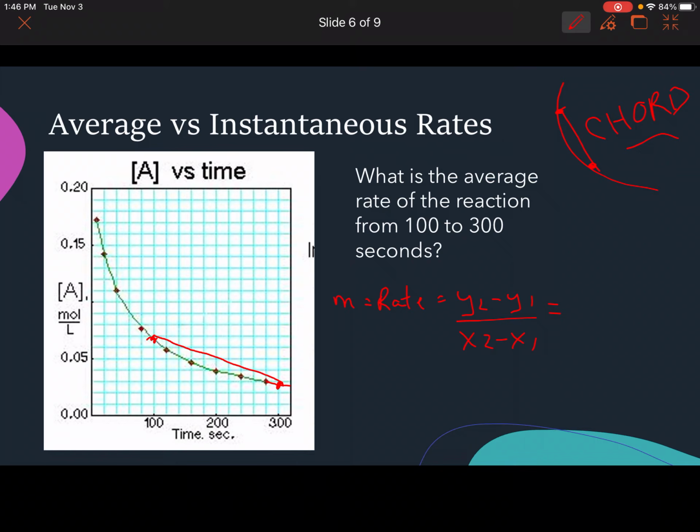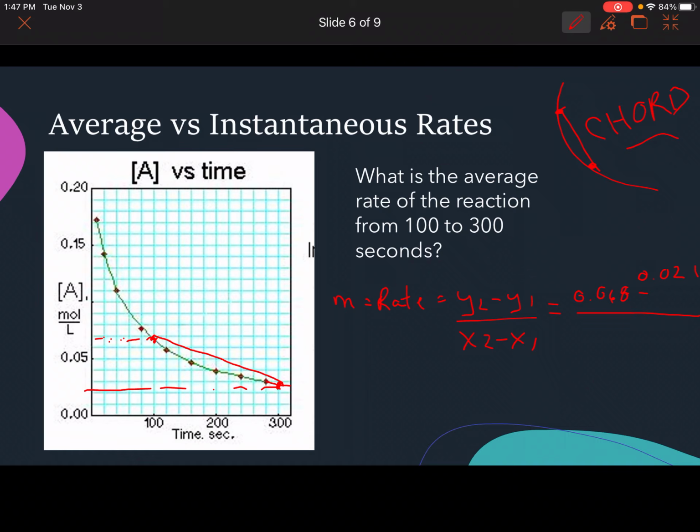So I'm going to find this on the graph. Sorry, this is quite difficult to do. So I'm going to estimate this as 0.068, subtract, and then I have my other y value here, which is going to be 0.021.